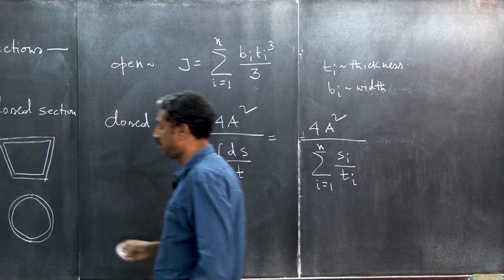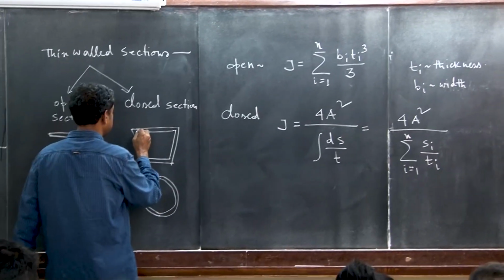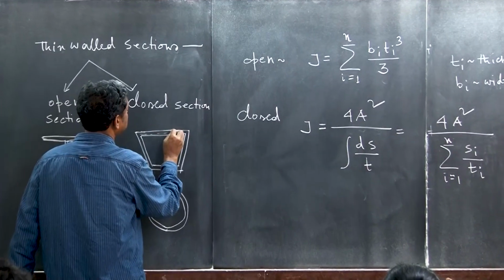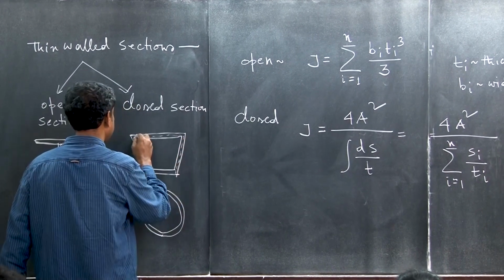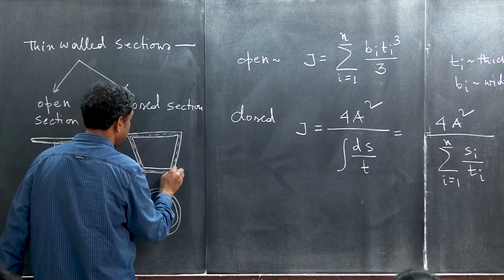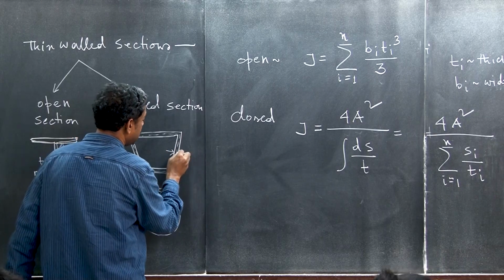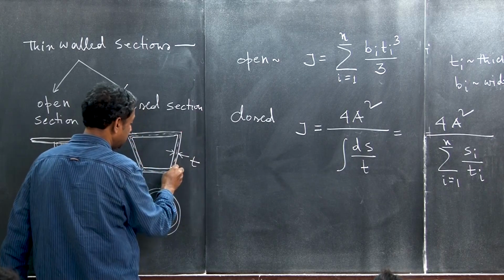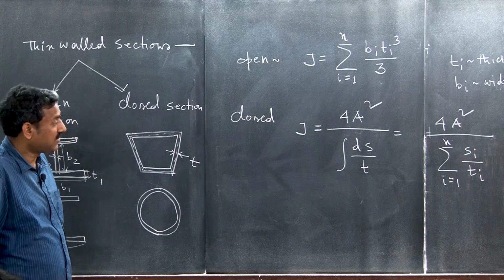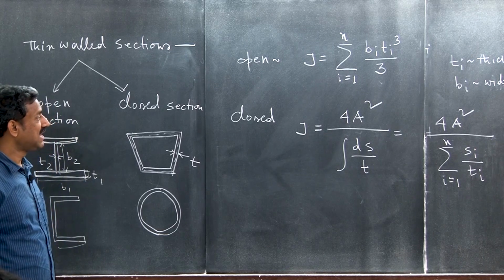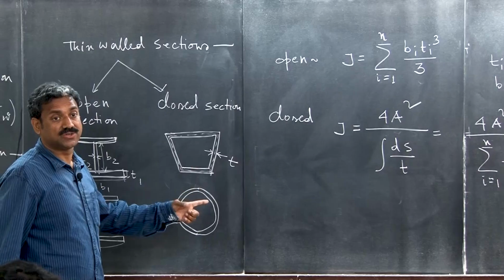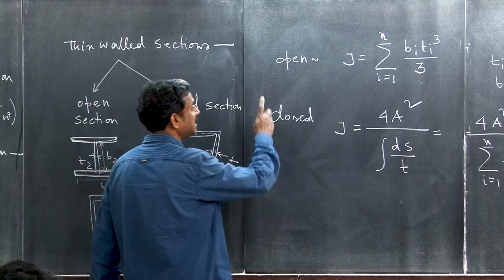A² means A is nothing but the area enclosed by the central line. You draw the central line, and whatever area is closed by it is A, t is the thickness, and s is basically this length. Understand that 4A² divided by the summation of Si over Ti. These are the Saint Venant torsional constants.